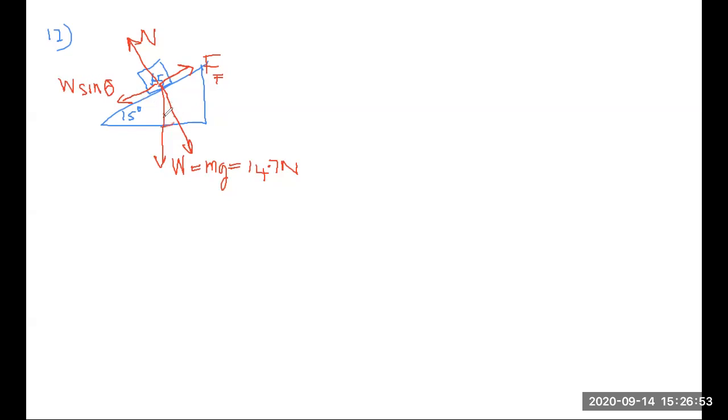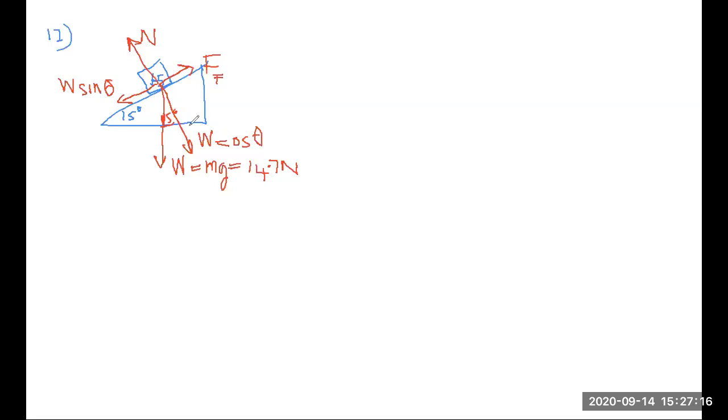It's because this is also 15 degrees. And the one that is perpendicular, that's this guy here, is the weight times the cosine of that angle of 15 degrees.